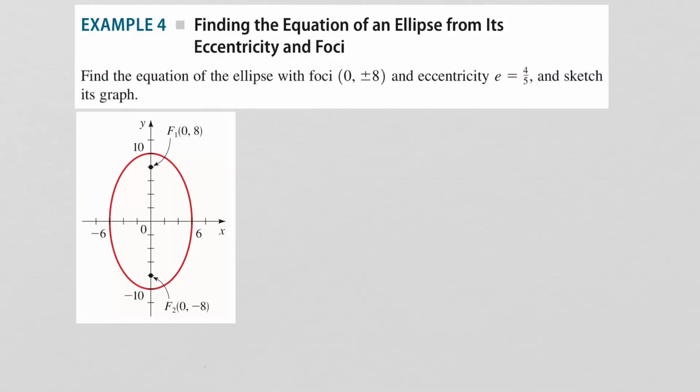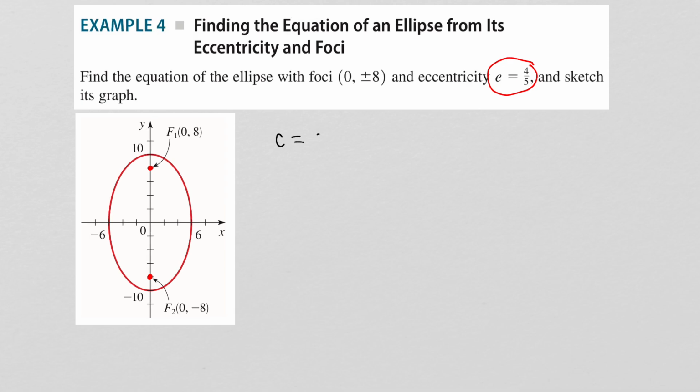So in the next example, we want to find the equation of an ellipse with foci at 0, plus or minus 8. So that would be this point here and this point here. And the eccentricity is 4 over 5. So because we know that the foci are 8 units above the origin, we know that C is equal to 8.